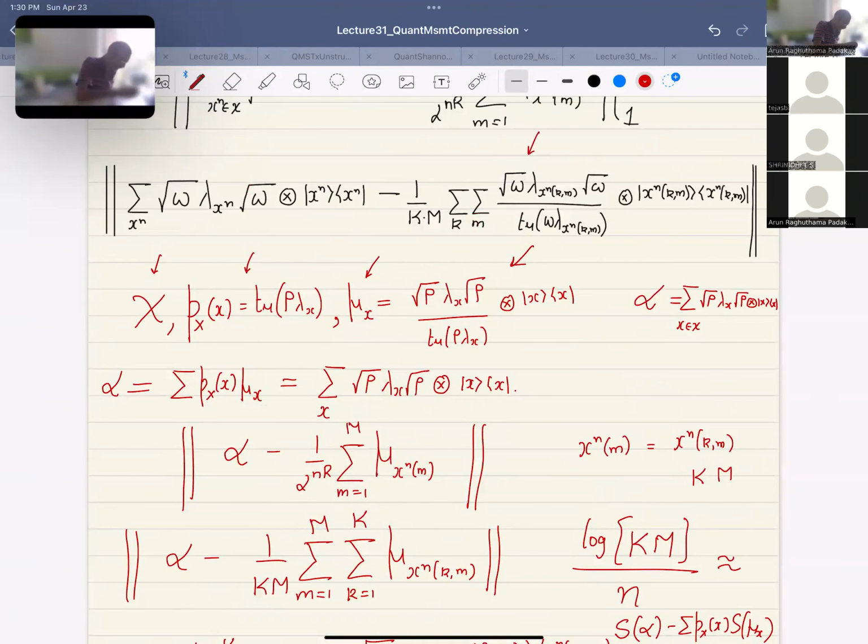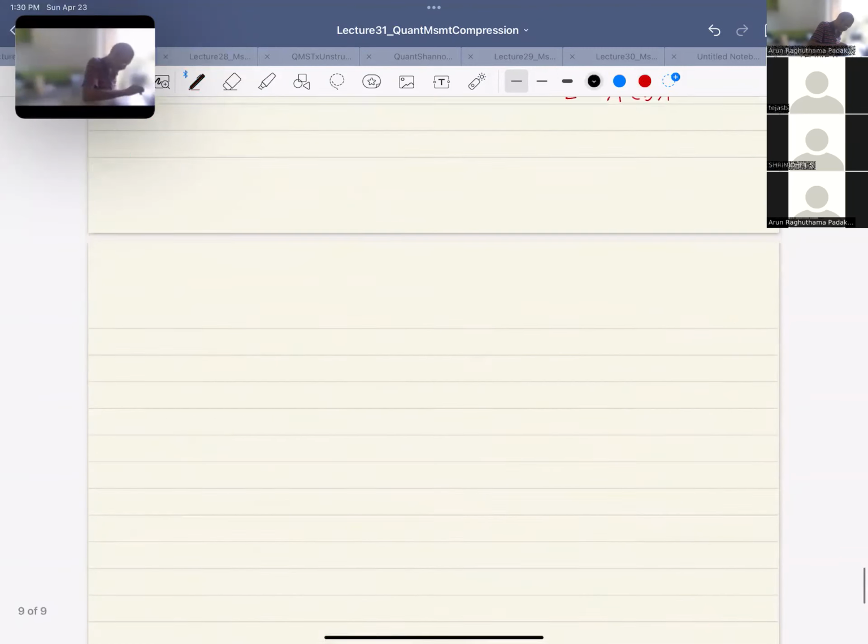So this tells us the one-shot covering lemma. What does it say?